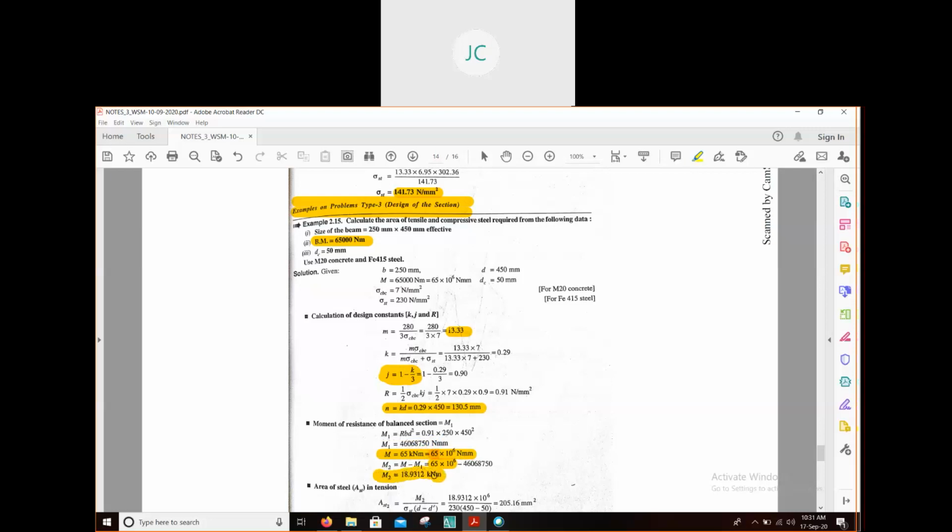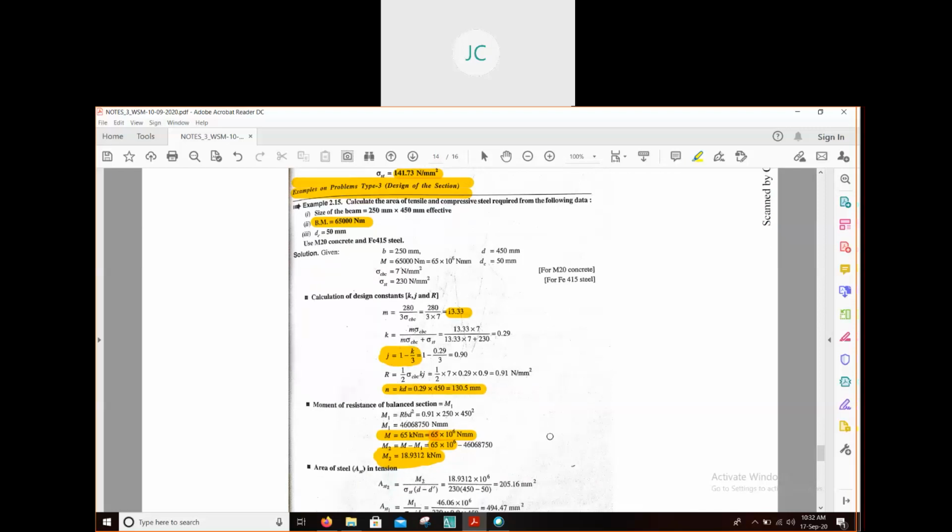M2 means this much additional moment we have to resist by providing additional reinforcement in the tension zone as well as in the compression zone. So now our aim is to find out AST and ASC, area of steel in tension as well as area of steel in compression.